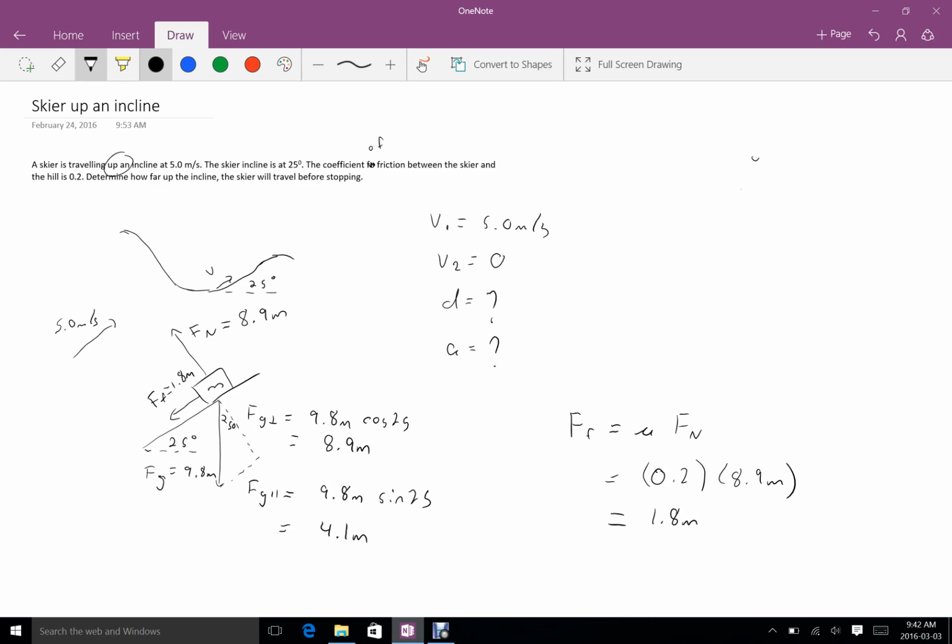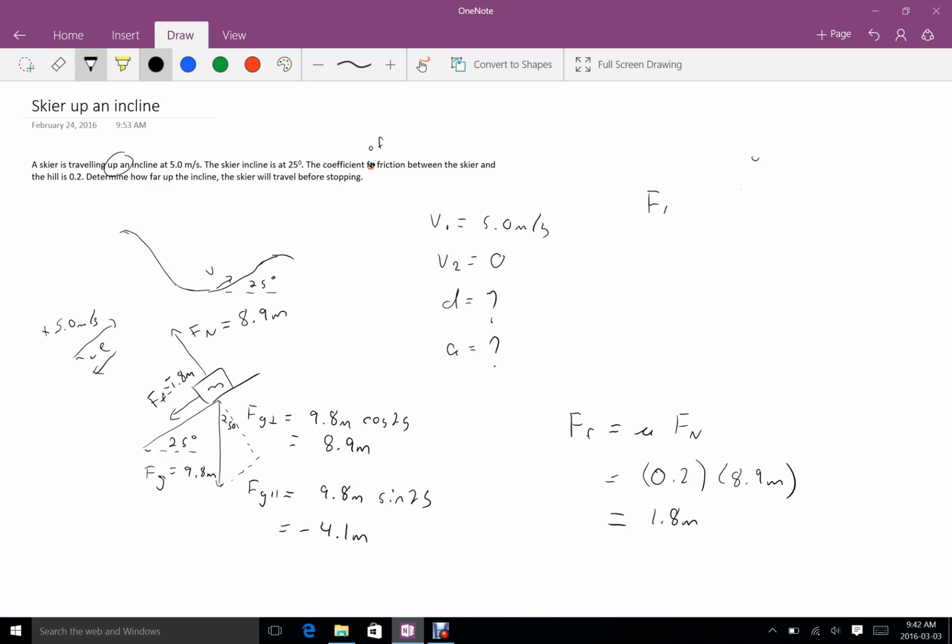I'm going to be a little careful here. I've called this my positive direction by calling that velocity positive. So then that means that this is negative. And if I look carefully, that means my force of friction and my force FG parallel are negative. So those are the two forces that are working together to change the speed of the object. All the other forces are balanced.